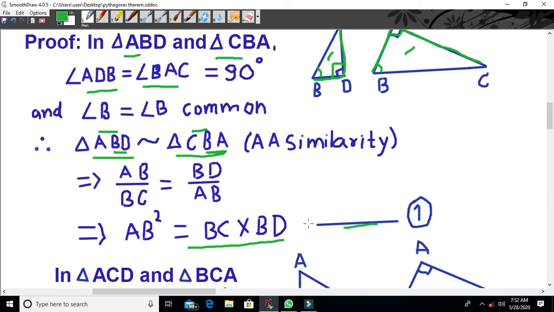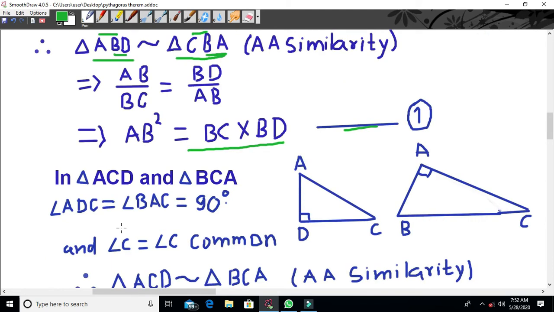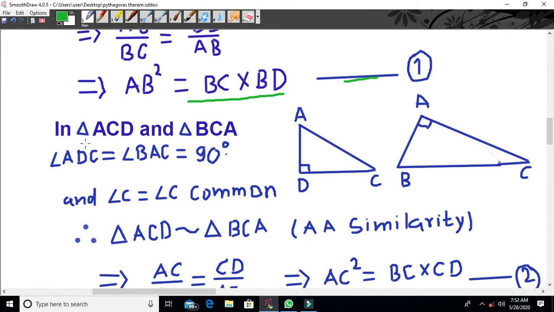Then in triangles ACD and BCA: ADC means this triangle, and BCA means the whole triangle. In these two triangles, what are you getting?